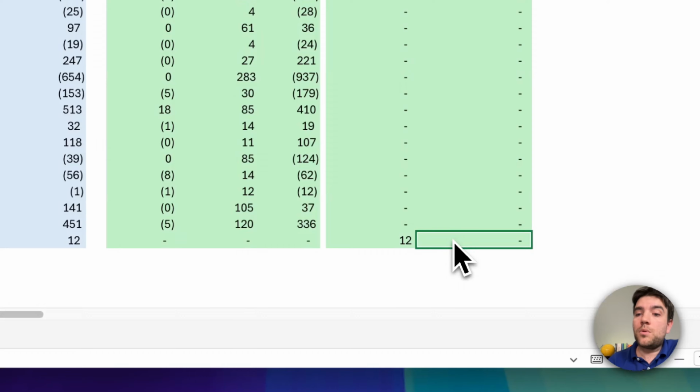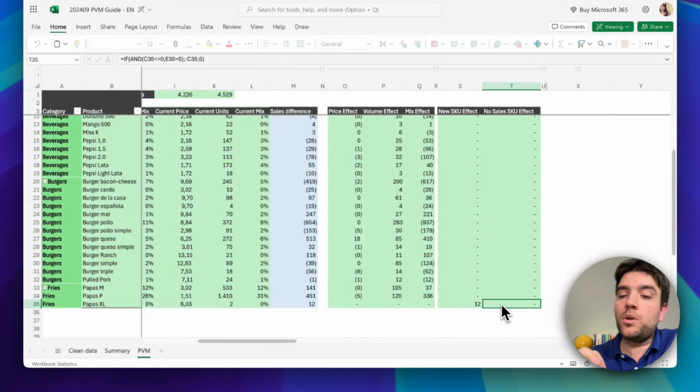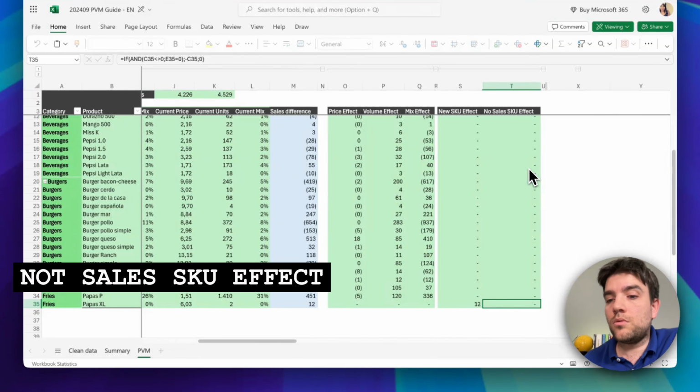Then if we have a product that doesn't have any revenue in the current period, but it did have in the previous one, we're going to calculate the no sales SKU effect or no sales product effect, which happens mostly in products that we are discontinuing, so now they don't have any revenue, or maybe just people didn't want to buy it, or we didn't have any units available for sale.